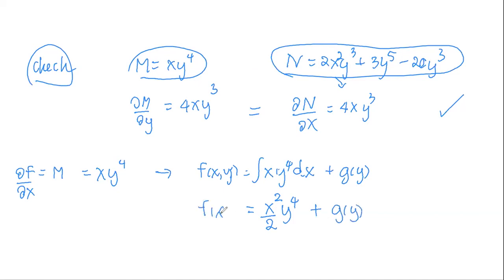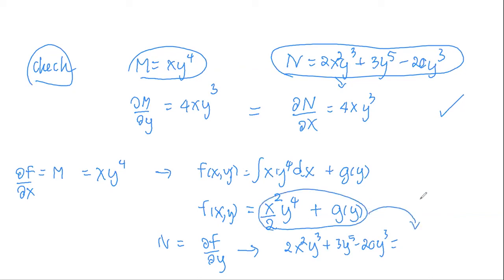Okay, and since we already used m, the next part we're gonna use n. So n must be the same as the partial of this solution that we just got with respect to y. So n has 3 terms: 2x squared y to the third plus 3y to the fifth minus 20y to the third equals the partial derivative of these two terms with respect to y, which will give us what? 2x squared y to the third, I believe, plus g prime of y.